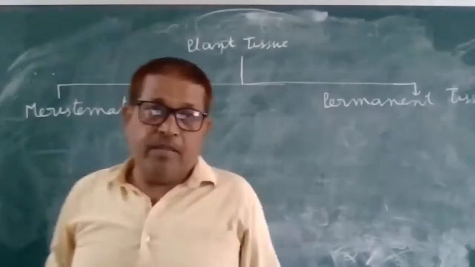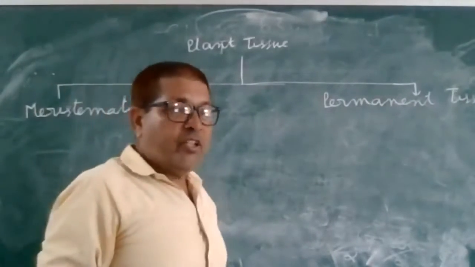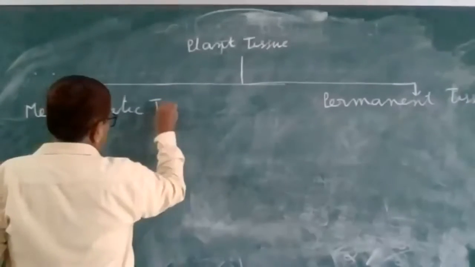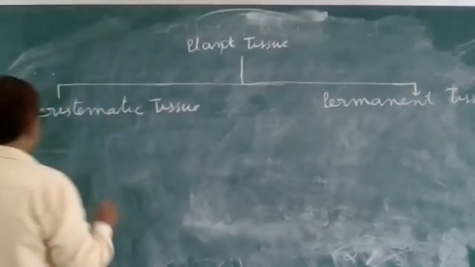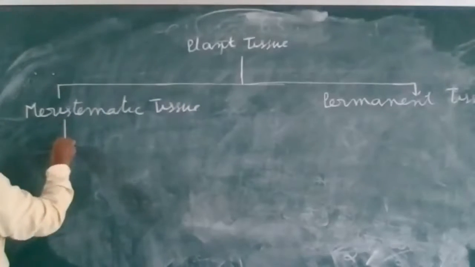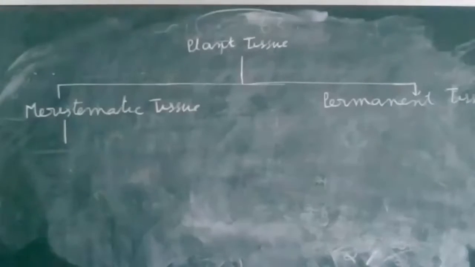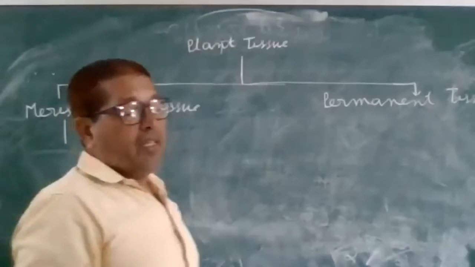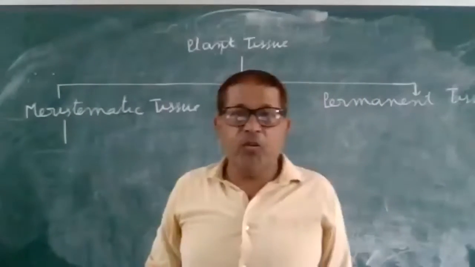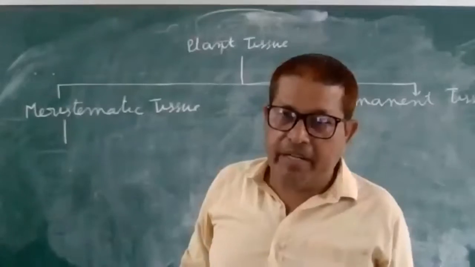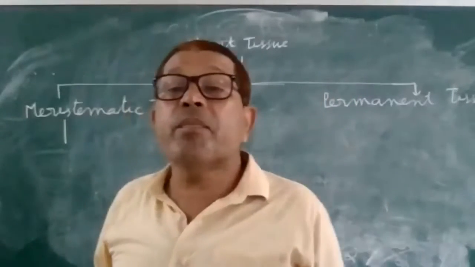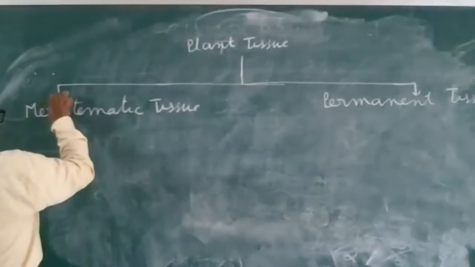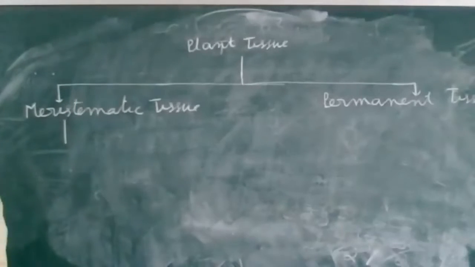Number one is meristematic tissue, and number two is permanent tissue. Meristematic tissue is of three types on the basis of their location in the plant body.